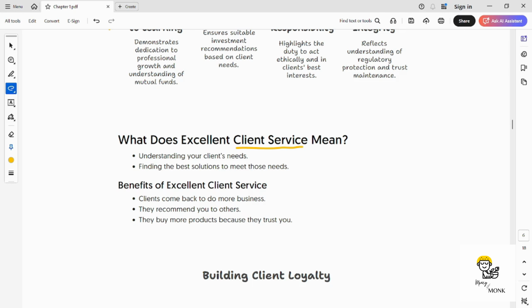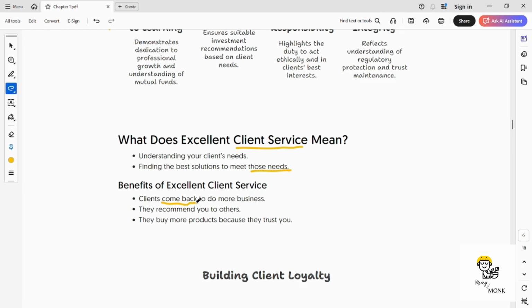Understanding that is important, and finding the best solutions to meet those needs. These are the unique needs of the clients because each client is unique, is different. So understanding your client's needs and finding the best solutions to meet those needs is excellent client service.